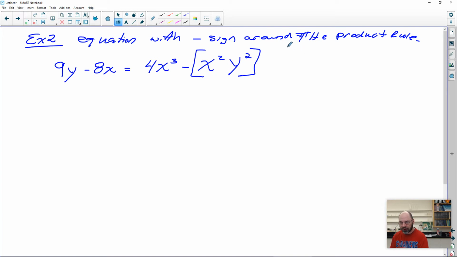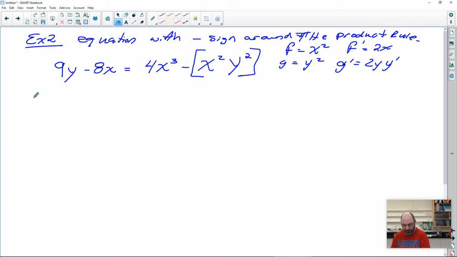So we know that f equals x squared, so f prime equals 2x, and we know that g is y squared, so g prime is then 2y y prime. Okay, so if we know that, we're going to apply the product rule using those.